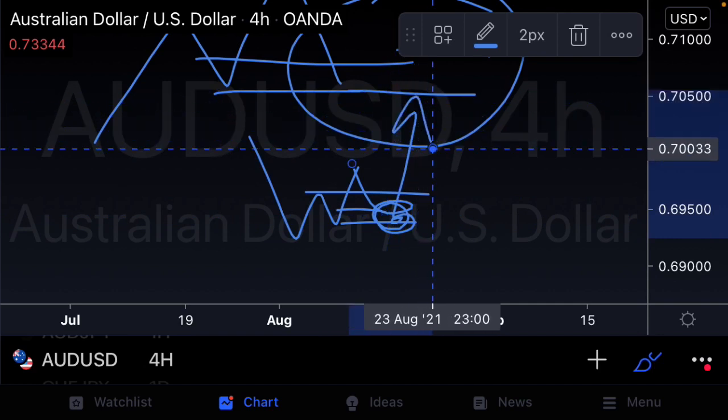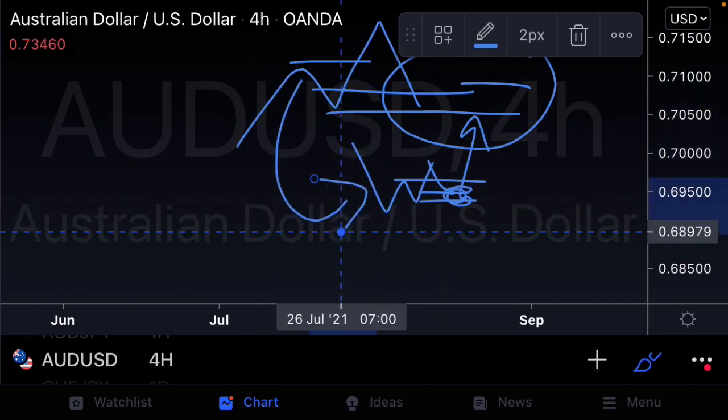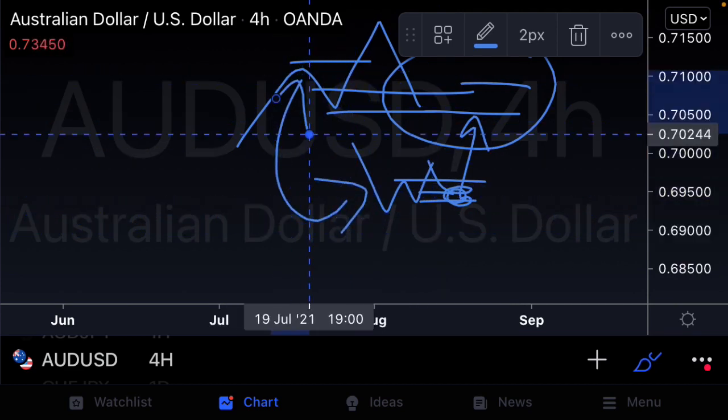So do you guys see how we're looking for literally the exact same price action, but one on a bigger time frame to allow us to spot a zone of interest, an area of interest, and then again on a smaller time frame so that we can execute and actually enter this position.